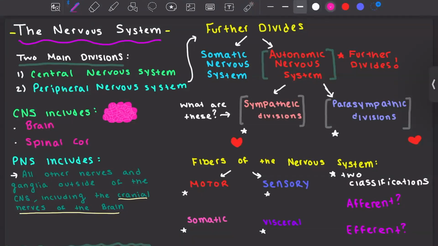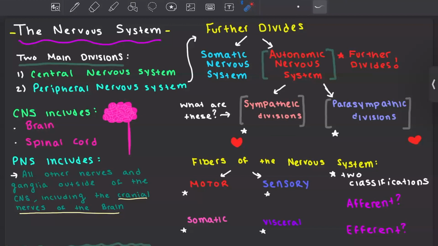I have a little brain drawn there because I just thought it was cute. And also, that's literally what it is. It's the brain and the spinal cord. If this line that I just drew was the spinal cord, that's pretty much what it is because the brain and the spinal cord are continuous in the body with each other. I'll actually just keep it drawn like that, even though it looks a little goofy. So that's what the central nervous system is. We'll leave it at that for now, that the CNS includes the brain and the spinal cord.